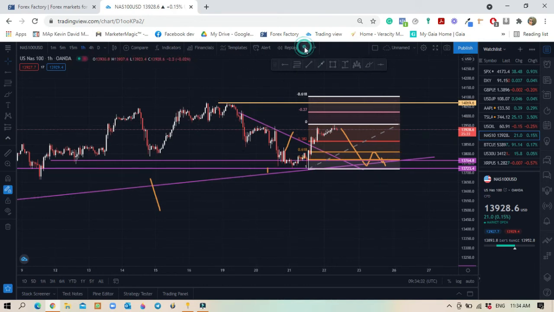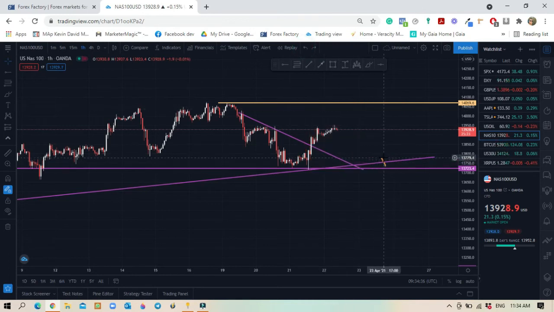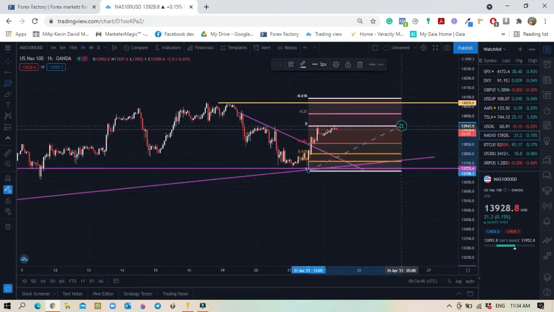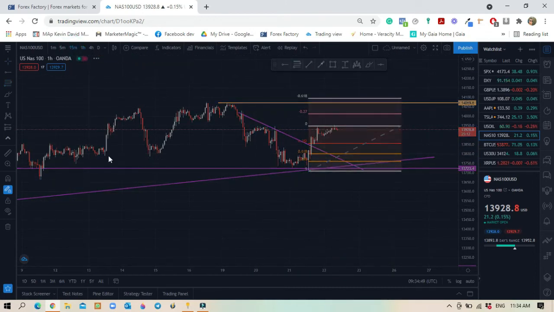So let me just make sure this is a little bit cleaner. Now once we've got that Fibonacci, guys, in a good position, we now are going to go into an even lower timeframe, the 15.